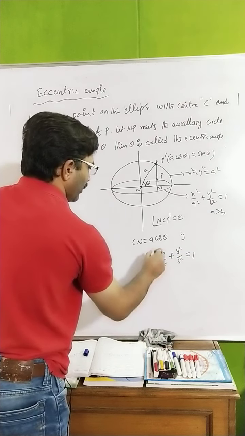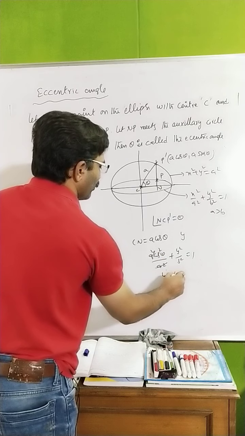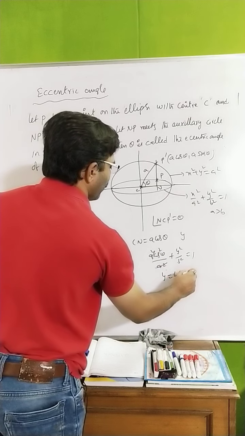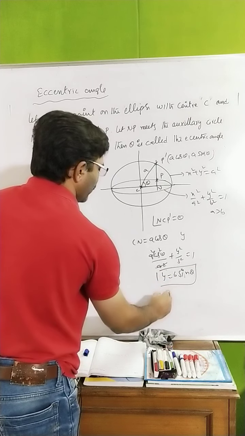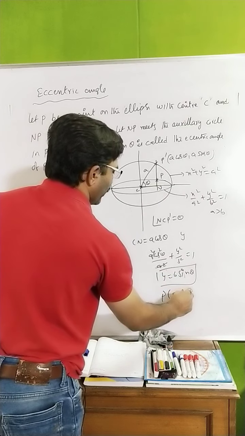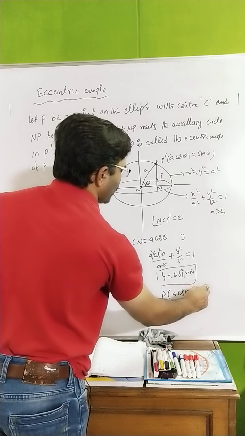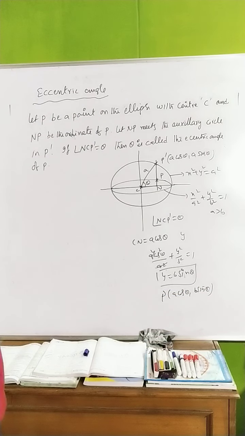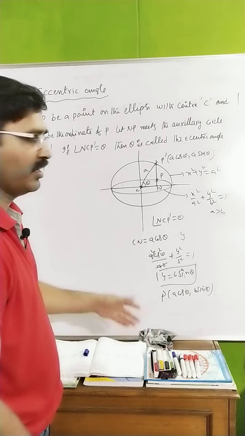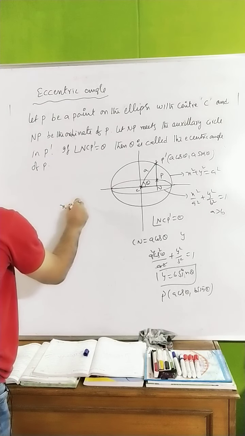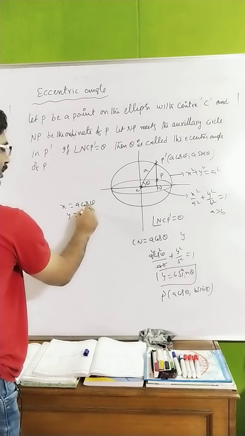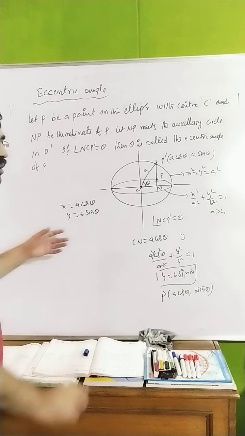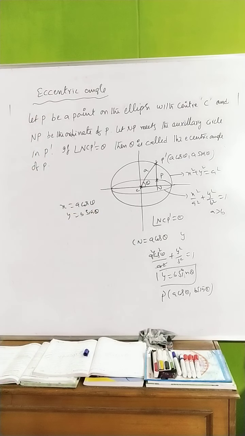So here Y is equal to B sin theta. That's the reason P is equal to A cos theta, B sin theta. If theta is the eccentric angle, then point P becomes A cos theta, B sin theta. Later onwards we are going to call these the parametric equations of the ellipse.